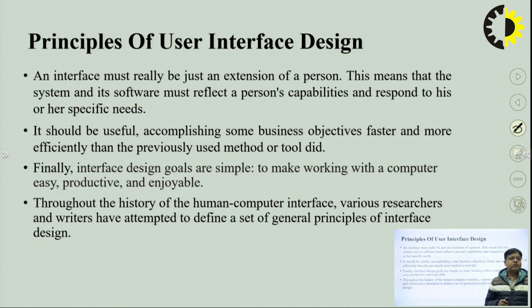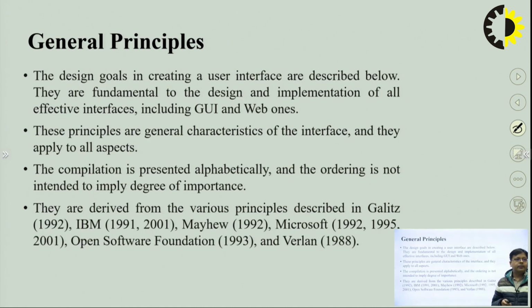So throughout the history of the human computer interface, various researchers and writers have attempted to define a set of general principles. They summarize their efforts to help the coming generations, so that they may be able to incorporate their experiences in their design.